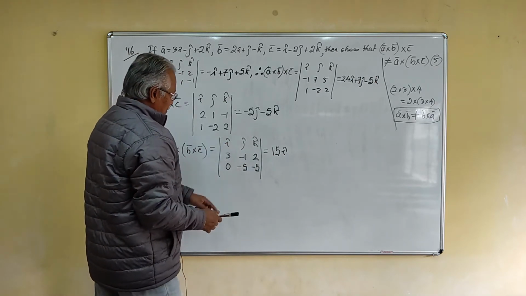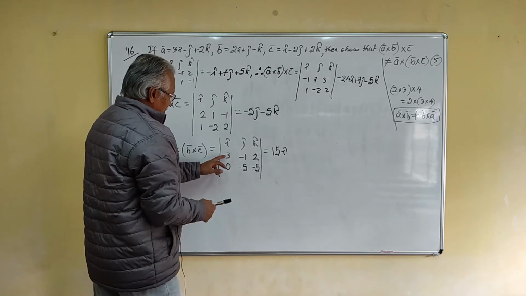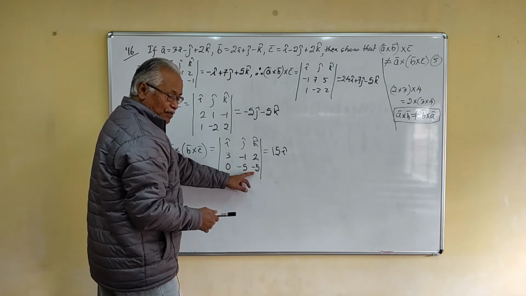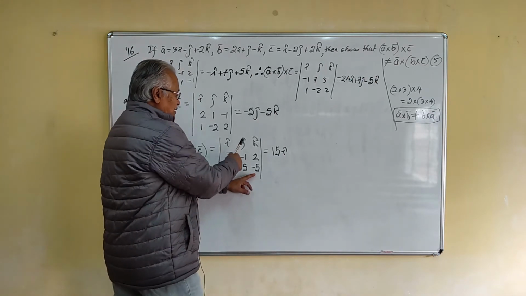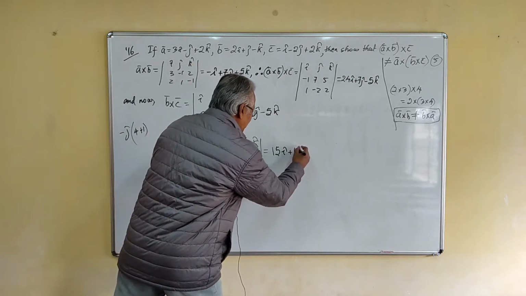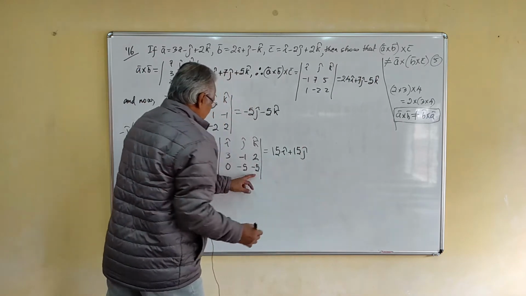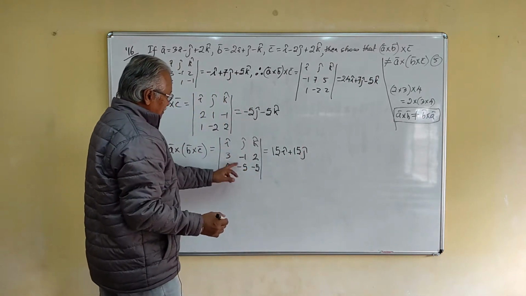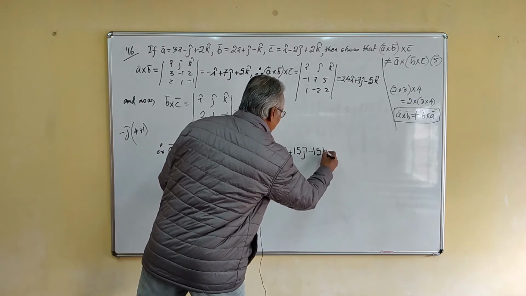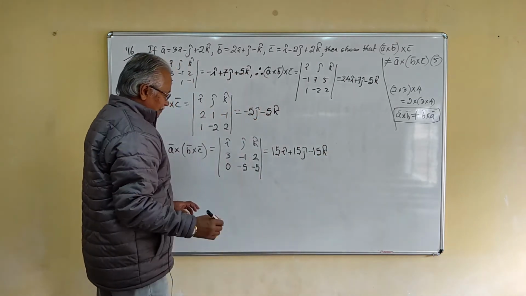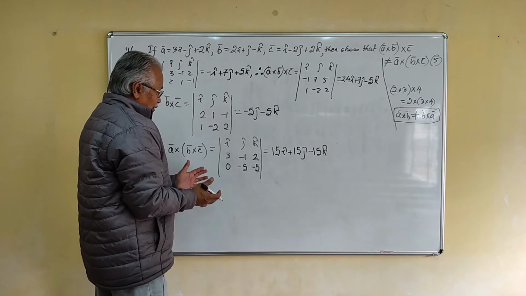Now minus j times, 3 into minus 5 will be minus 15. So minus 15 into minus will be plus 15j, right? k will be minus 15k. Is that right? So 15 is turning up everywhere.